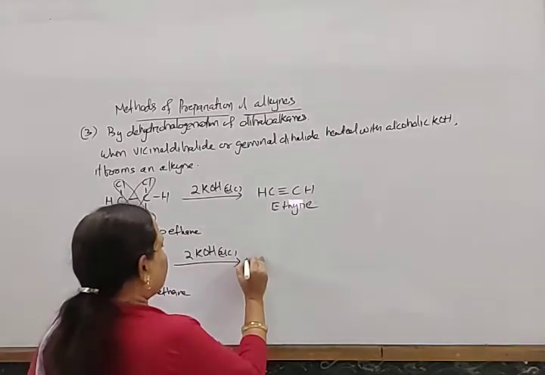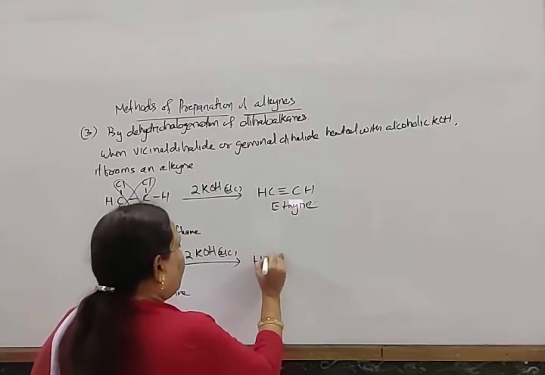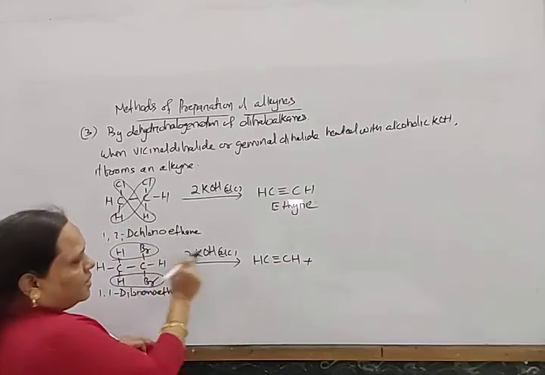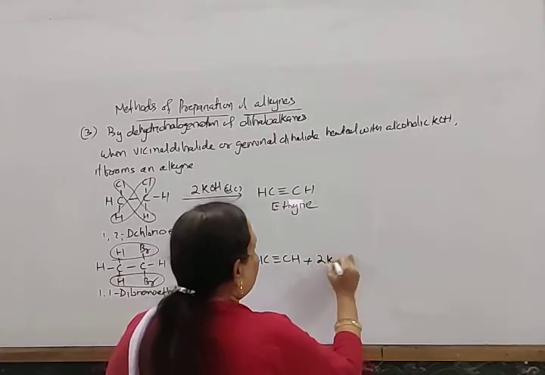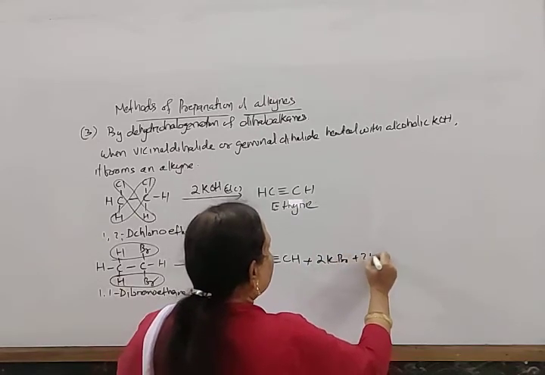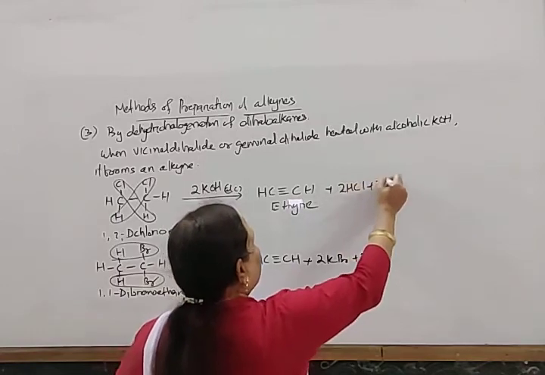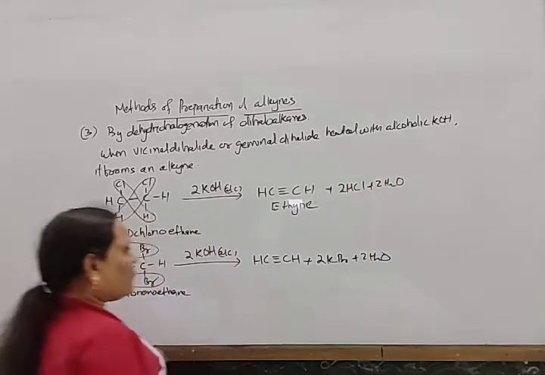So it gives HC triple bond CH, and HBr reacts with KOH to give 2KBr and 2H2O.